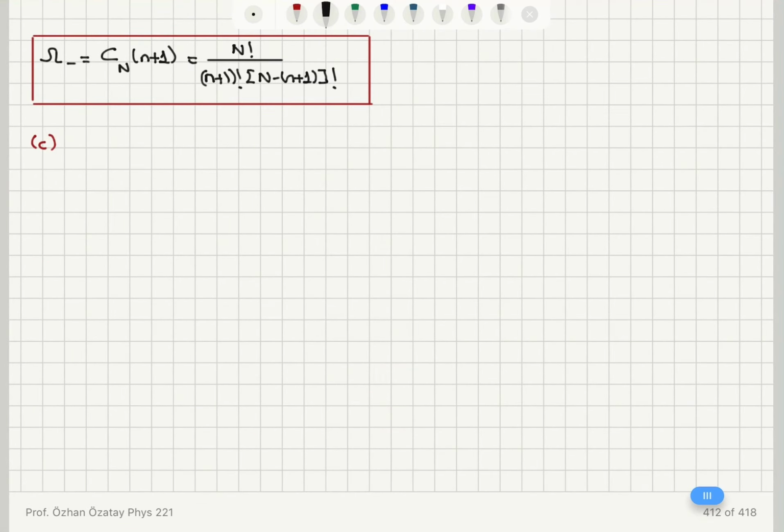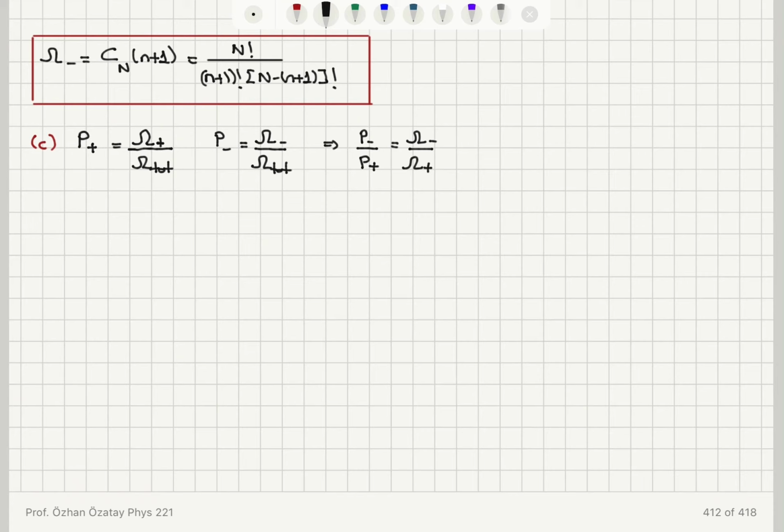The probability of having the spin up moment in system A is basically the number of accessible states to system A star when it is up divided by the total number of accessible states to the system, and the probability of having A moment pointing down is omega minus divided by omega total. So if you look at the ratio P minus to P plus, you would have omega minus to omega plus ratio.